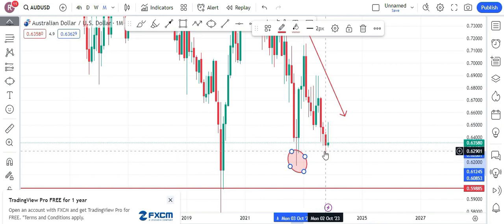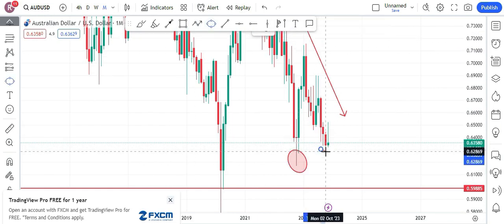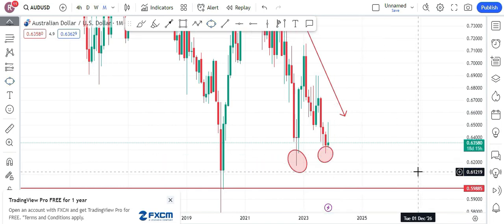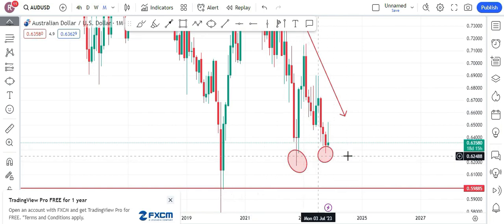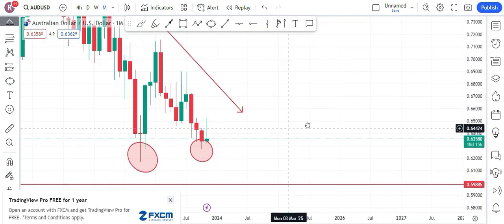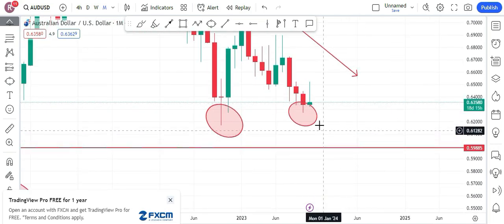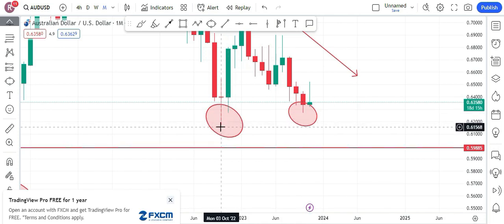And now there is another low it has created here. So if we visualize this also, this is the low. So our main concentration is on these two lows, the lower lows the market has created. But the current lower low is higher than the previous lower low.